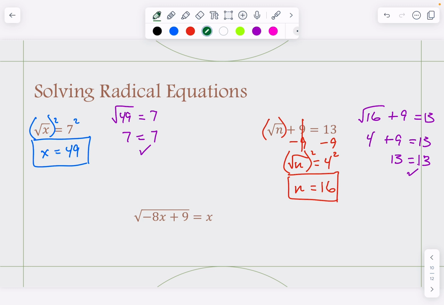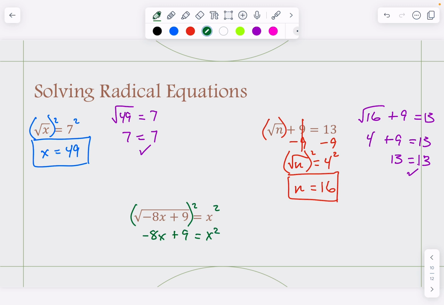Now the last problem here, this is where you end up having 2 solutions, or 2 possible solutions. The radical is isolated, so I square both sides, leaving me with negative 8x plus 9 equals x squared.